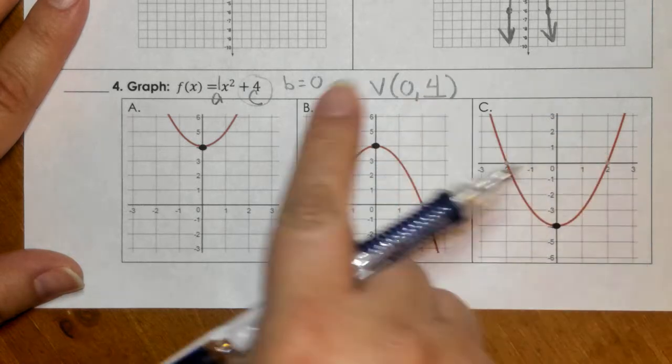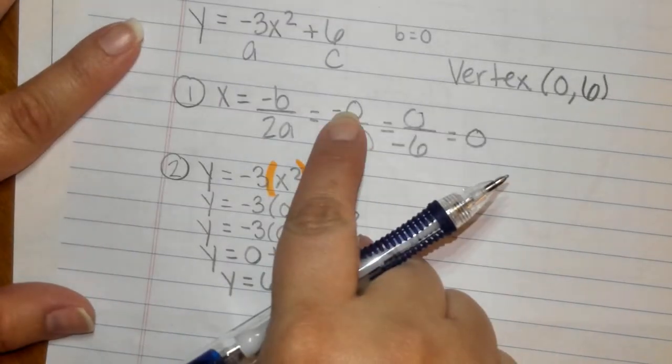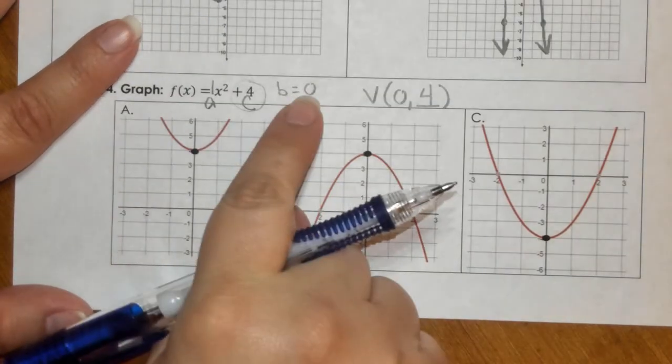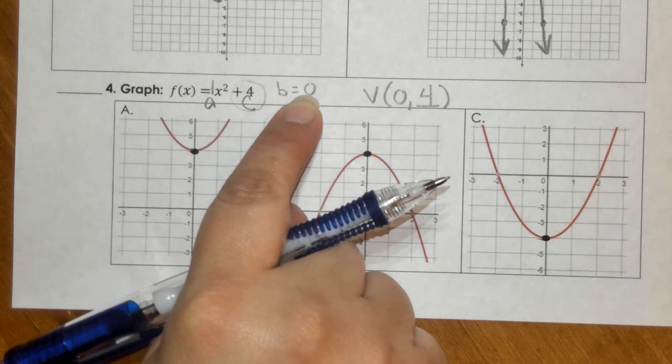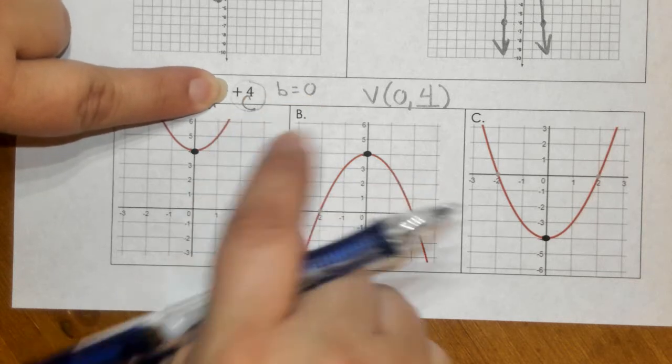Because if I put in that 0 like I did for number 3, I put that 0 on top. 0 divided by anything is 0. So if I put the 0 in, I'm going to say 0 divided by 2 times 1 is going to be 0. Cancels this part out. So you're just left with 4.